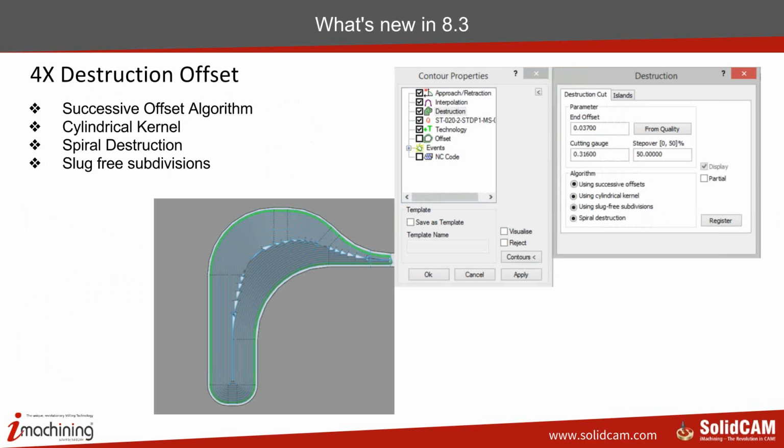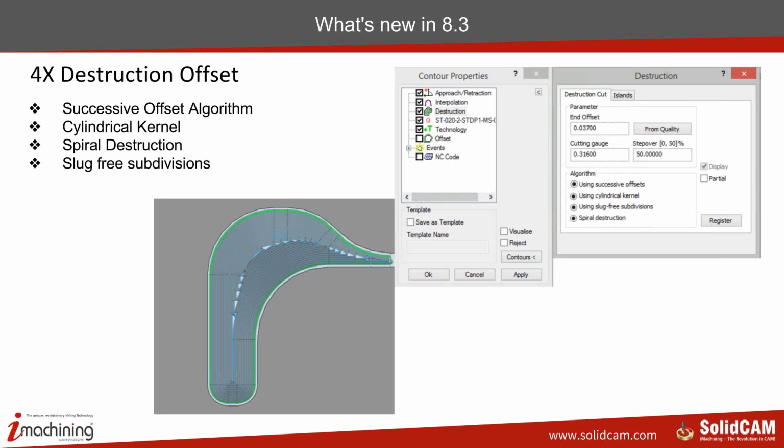The next feature is the 4-axis destruction offset algorithms. Those algorithms, as I said before, are very advanced, and they are very nice to use if you want to create your slug-free dies in order not to waste your time and to save your money from not paying extra hours for your operator.